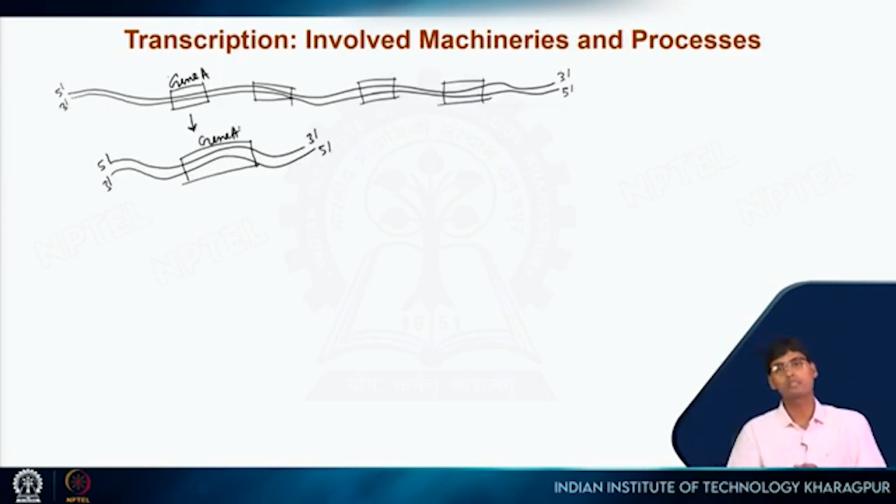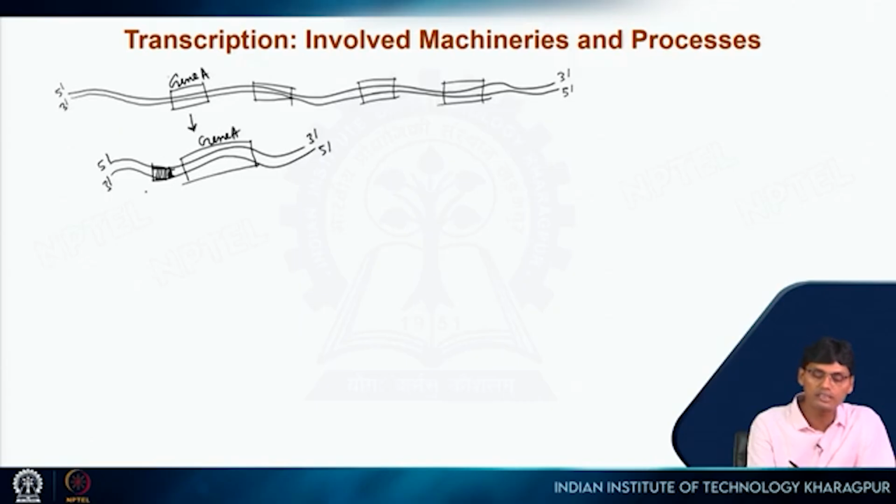In order to start transcription, that means to initiate the RNA, we have to understand from where we have to start, because most of the DNA, most of the nucleotides, are not transcribed into RNA. So something should be there just ahead of the gene which will initiate the process. We have a specific sequence before the gene.